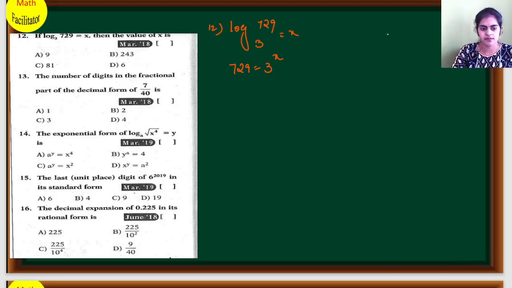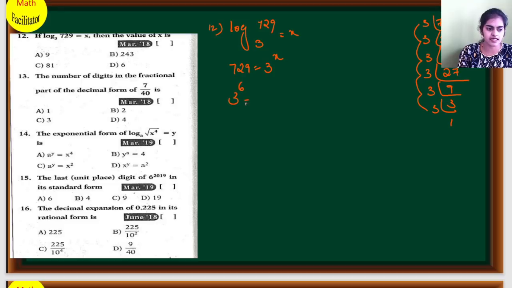Question number 12: if log 729 to the base 3 is x, then 729 is equal to 3 power x. So please prime factorize 729 and see what you get. 729 can be written as 3 raised to the power 6.